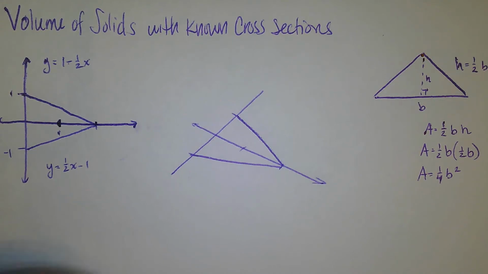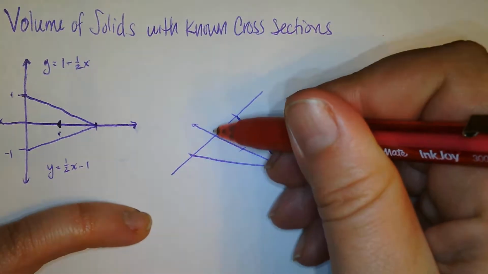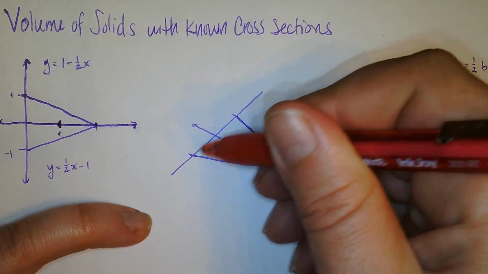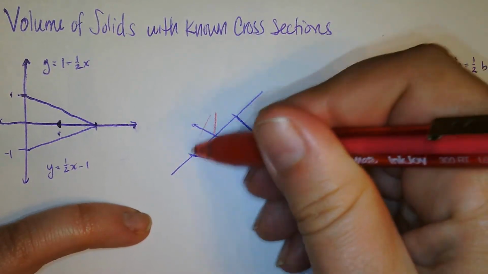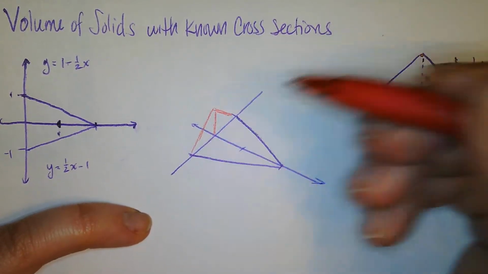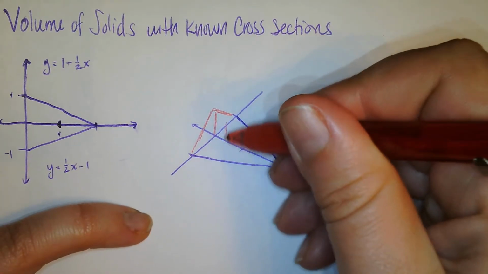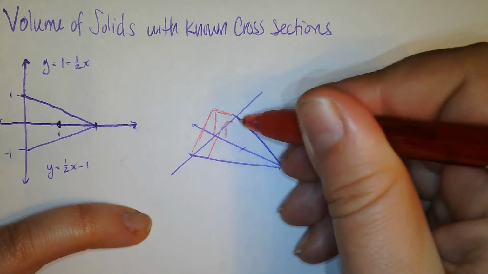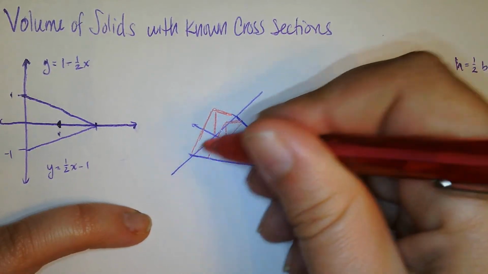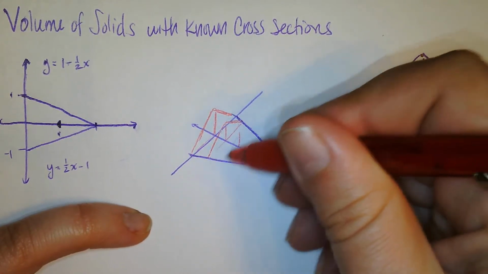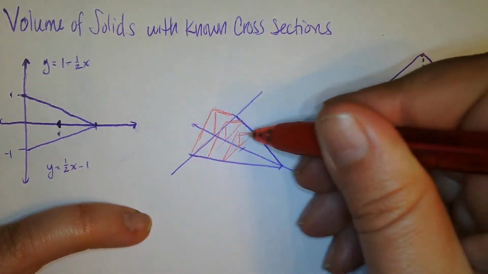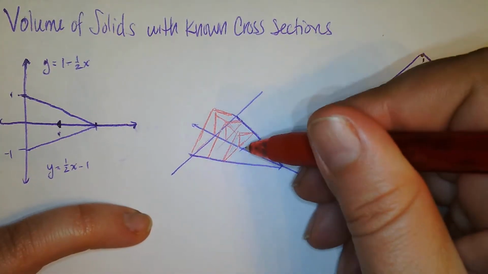There's our triangle, right? Here's another one. Here's another one. Hopefully you're seeing a solid kind of forming.